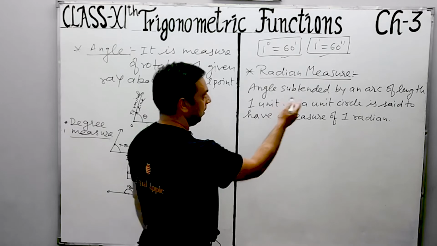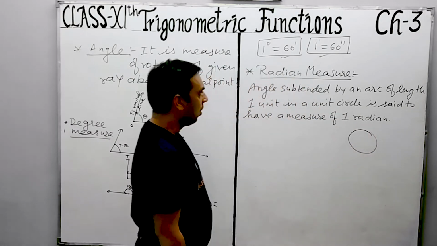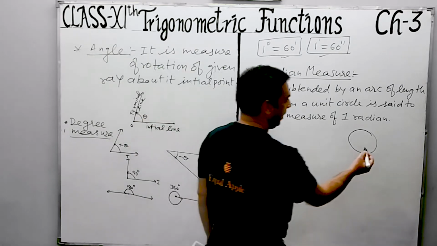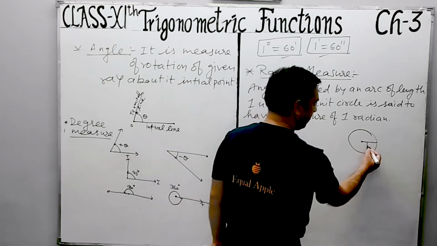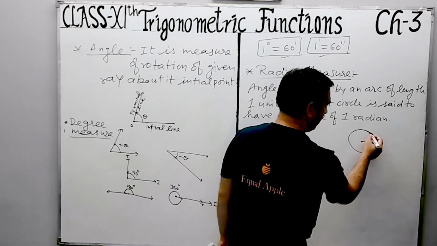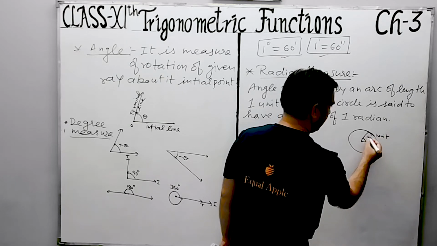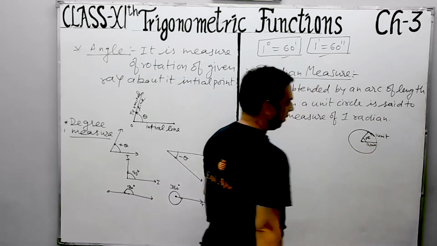In radian measure, if an angle is subtended by any arc of length 1 unit in a unit circle, it means if we have any circle having radius 1 unit and the length of an arc is also 1 unit, then it makes an angle at the center of 1 radian. We can express radian as 1c, right?